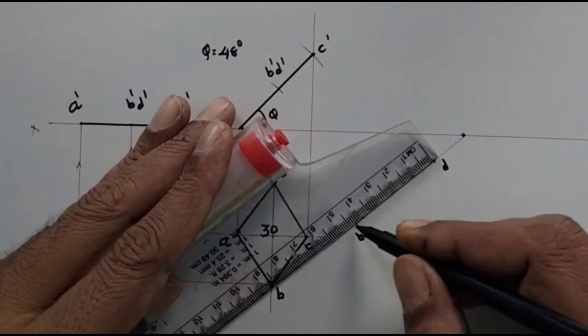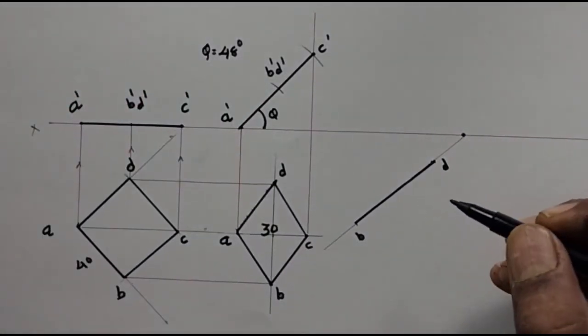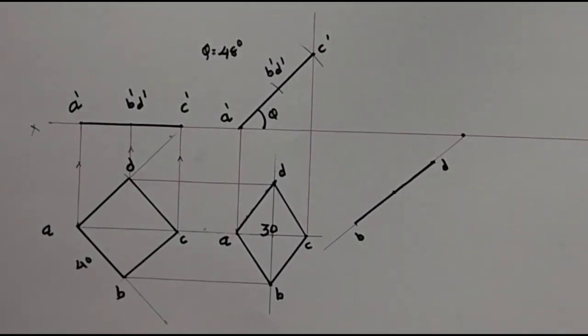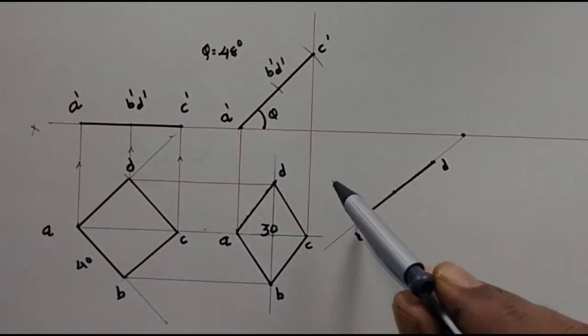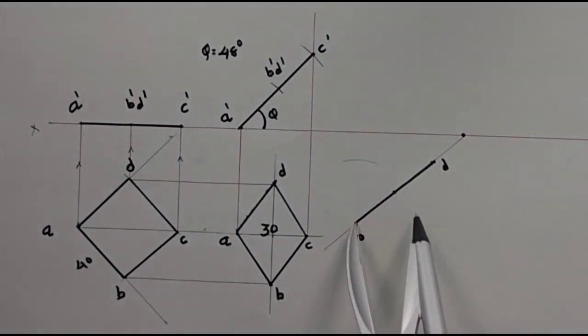Now we create the direct line from this middle point, or you can apply your arc method. So I take the radius B to A, B point center, I draw the arc on both sides.